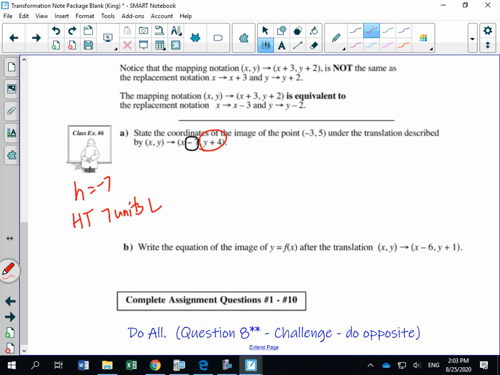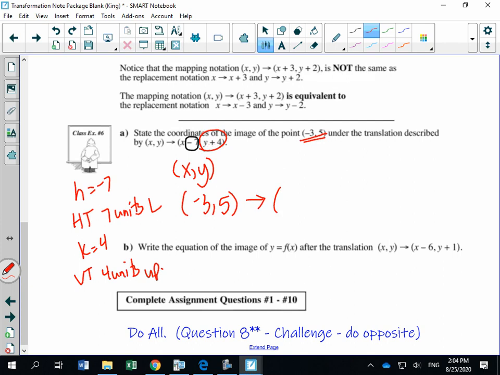Our K is equal to 4, and that's a vertical translation, 4 units up. So we've got those two transformations. We have x comma y, and our x comma y is -3, 5.